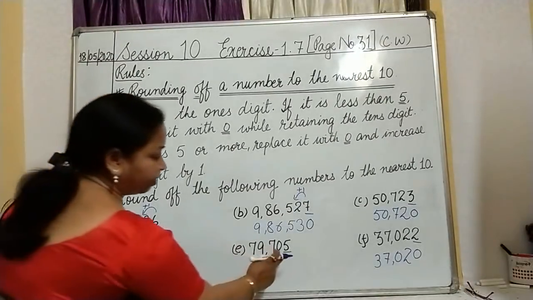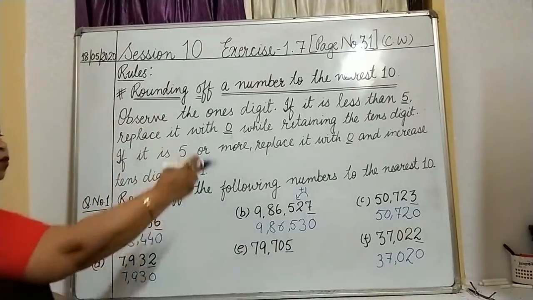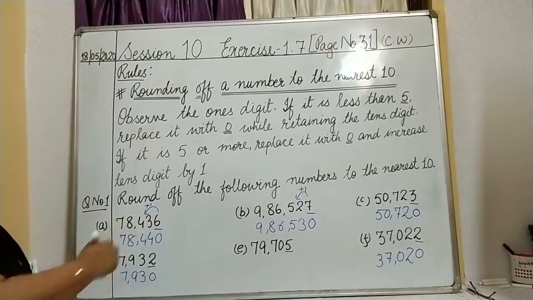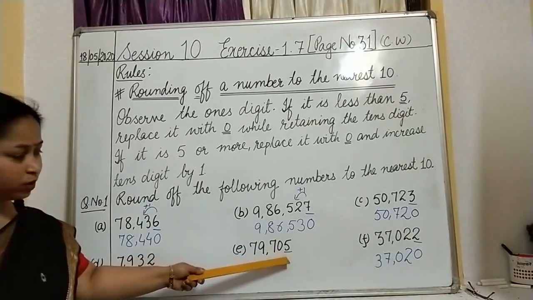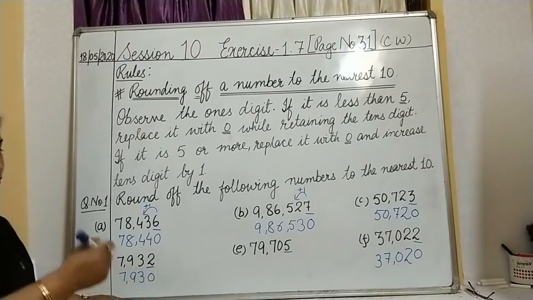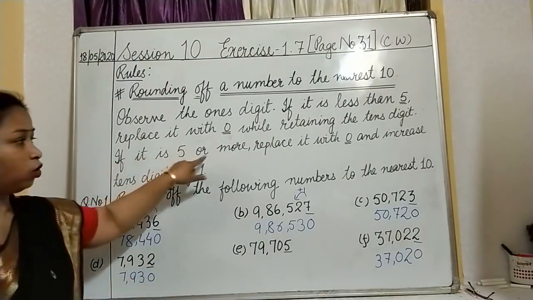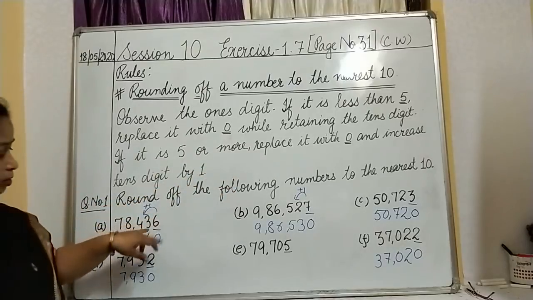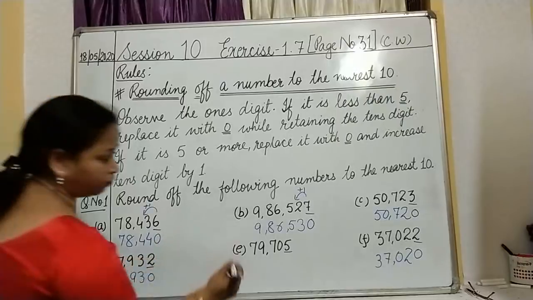So here you have 5. The question says that if it is 5 or more, okay, so what is present at ones place in question E? 5, isn't it? So what changes will take place? As we have read, if it is 5 or more, the digits which were more than 5 we have solved right now. So this is exactly 5.